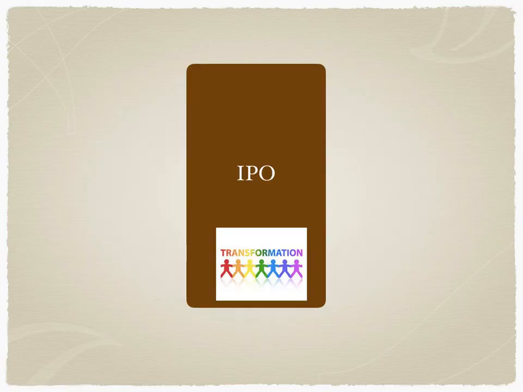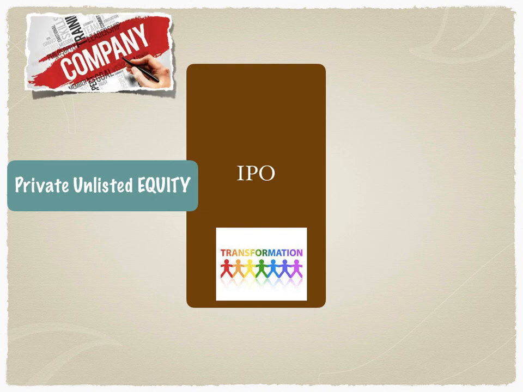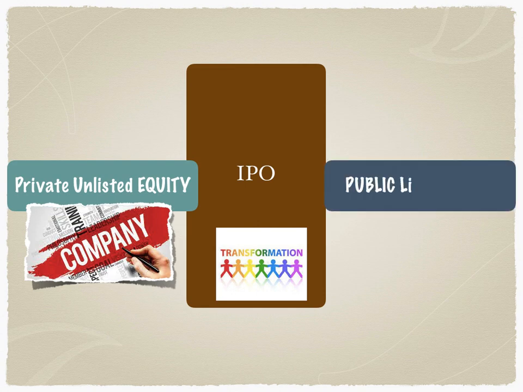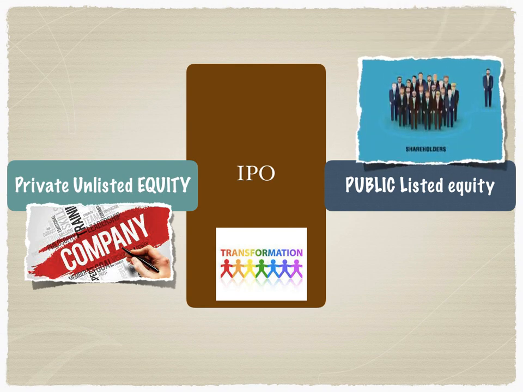An IPO is an initial public offering, which is perhaps the most important event in the life of a company, because a private limited company, which has its shares held amongst a few shareholders, including the promoters, the institutional investors, etc., is now transforming itself into a public limited company where its shares are listed on a stock exchange.